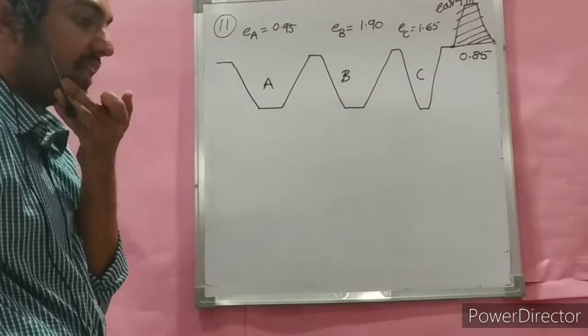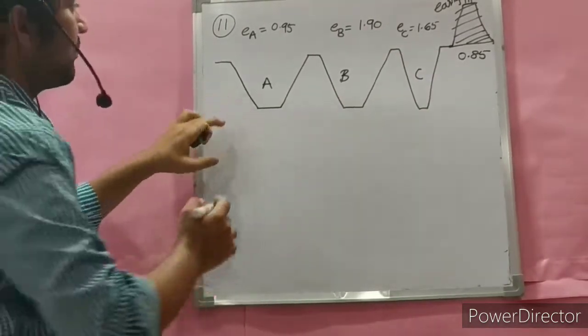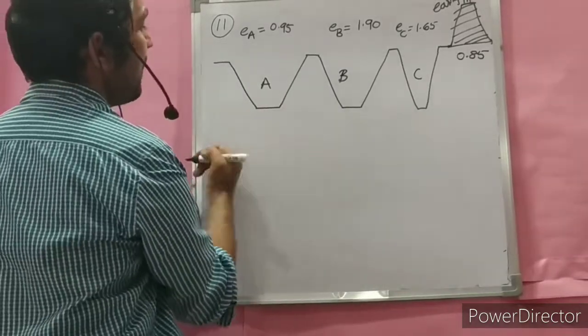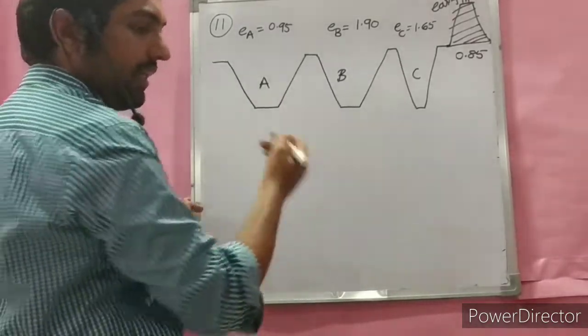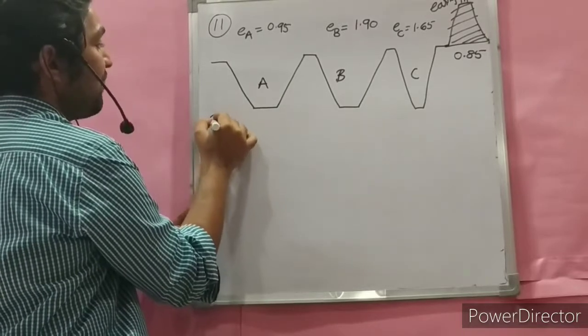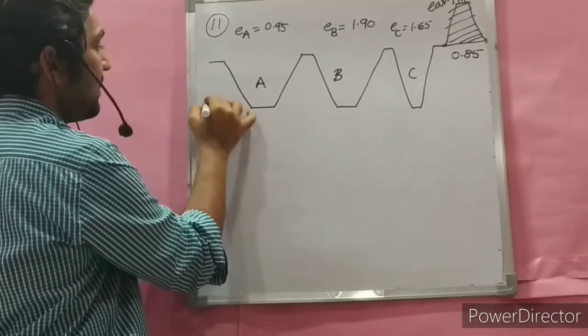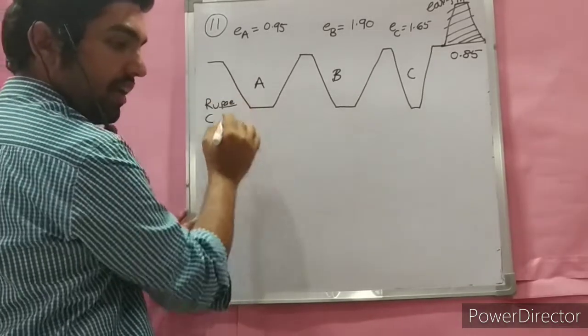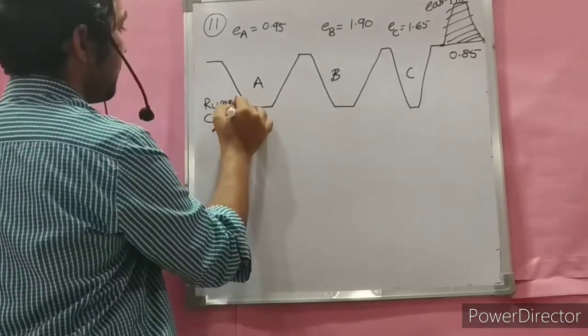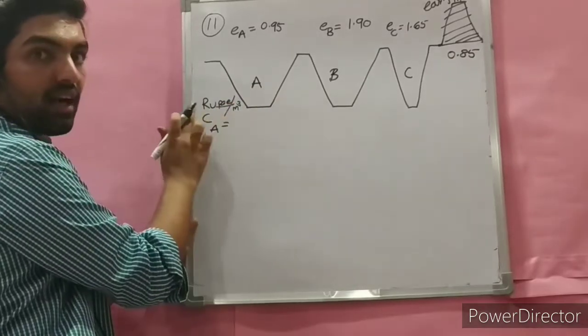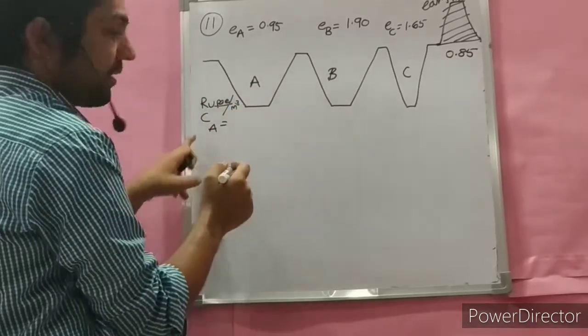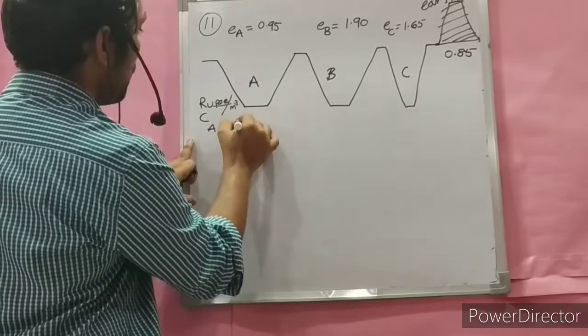The cost of moving the earth is also given. Cost is in rupees per cubic meter. Per one cubic meter it costs this much. Cost for moving the earth for A, CA, is 0.23.